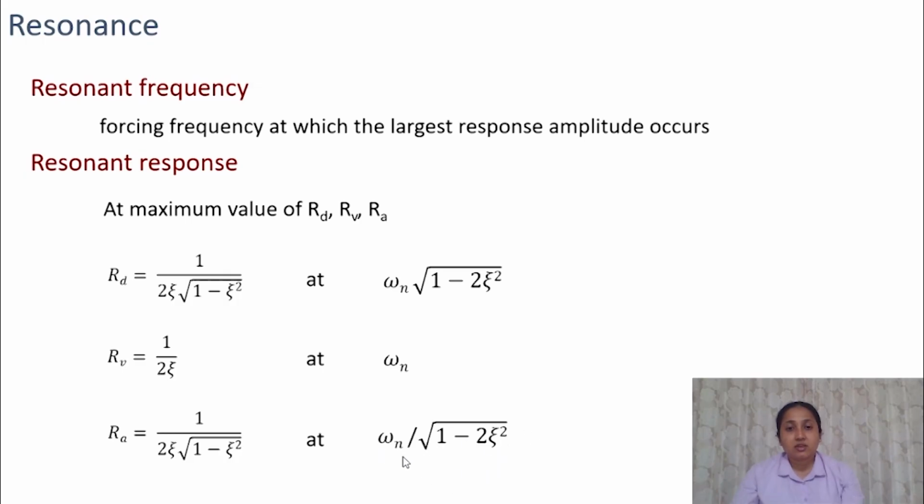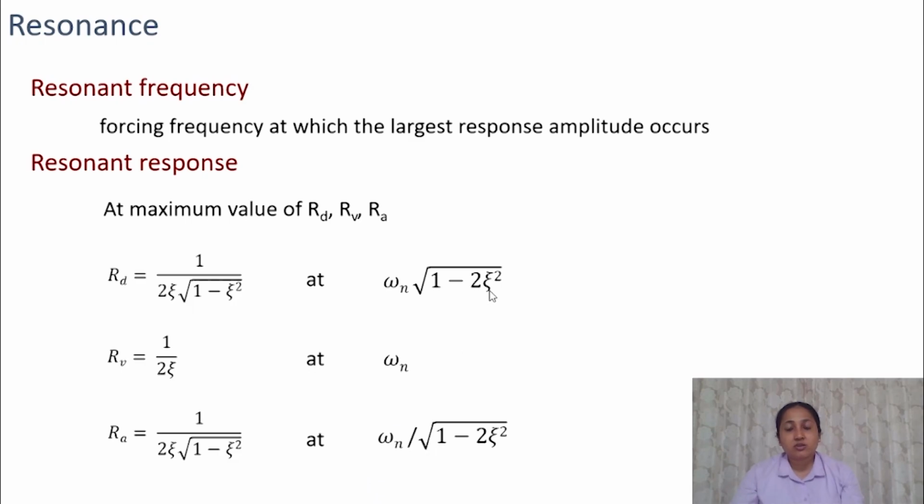So this is a little higher than omega n. Now we can see that the resonant frequencies for displacement, velocity, and acceleration are slightly different from each other.